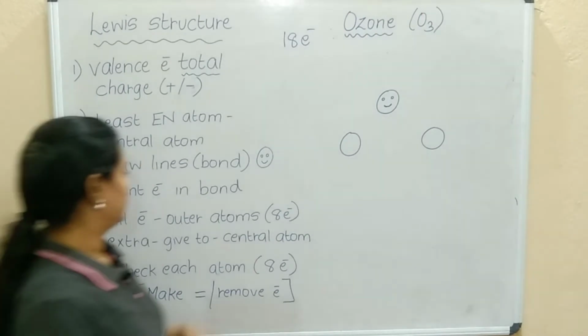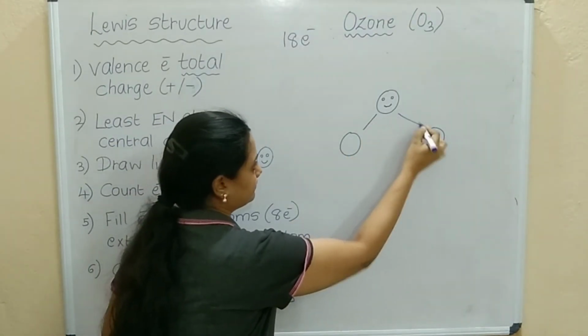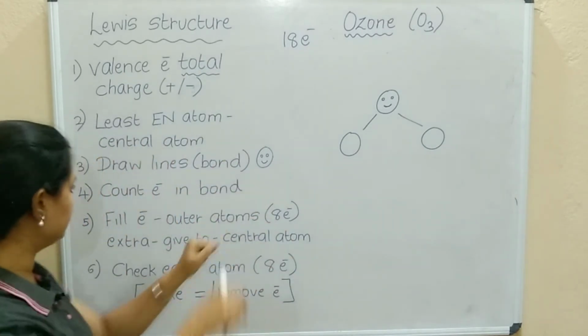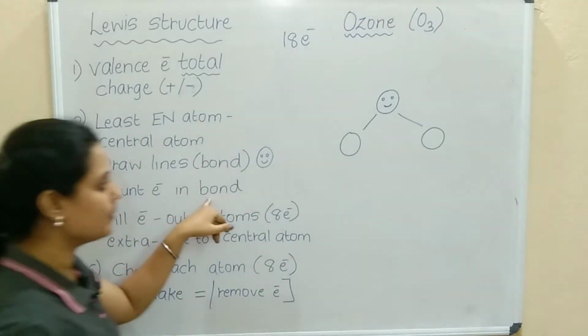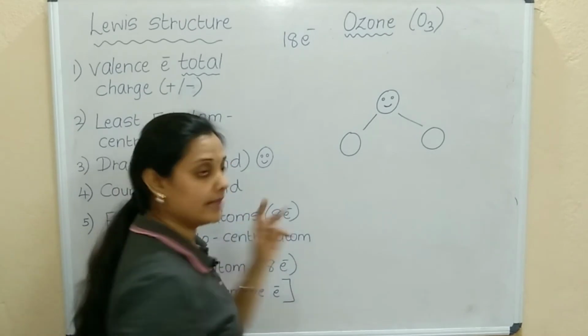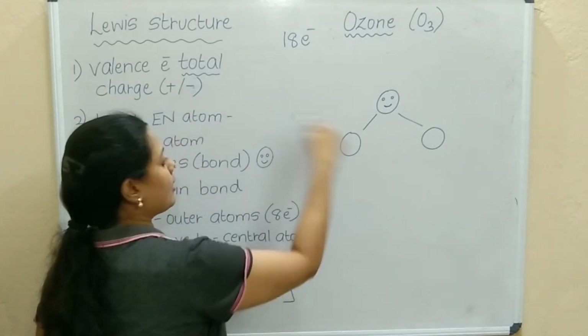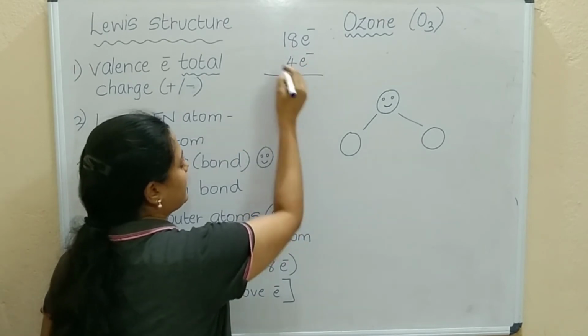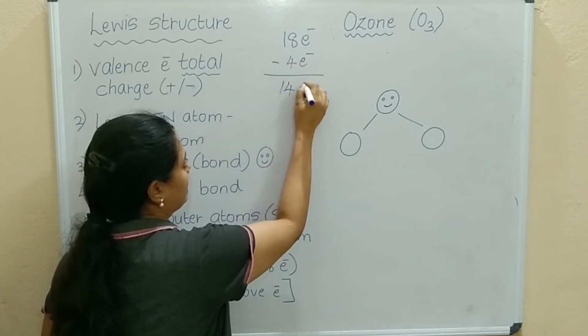Draw the lines from the outer atoms to the central atom using bonds. Count the electrons in the bonds. There are 2 bonds, which means 4 electrons. So 18 minus 4 is 14 electrons.